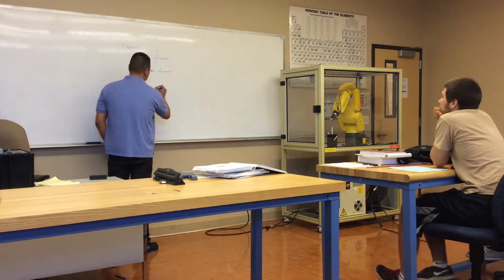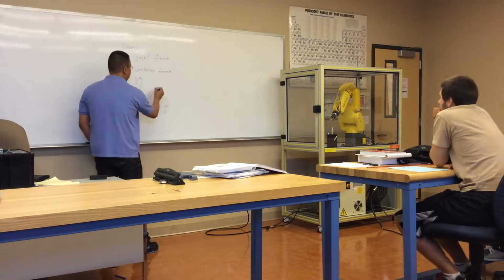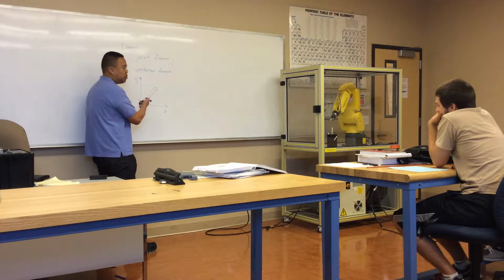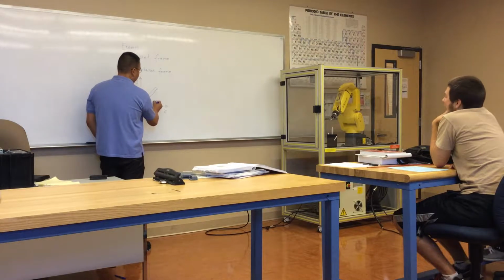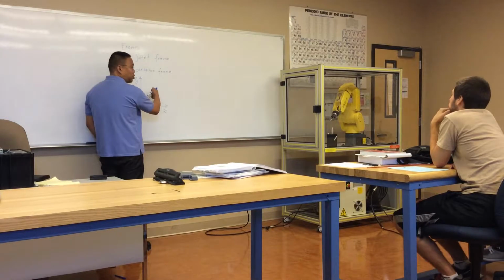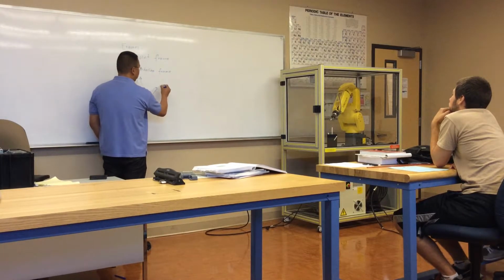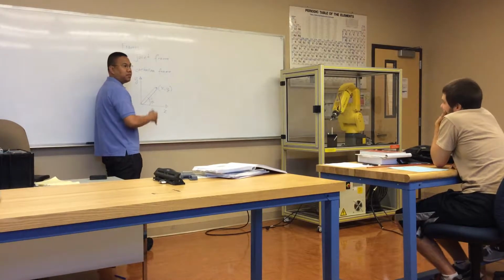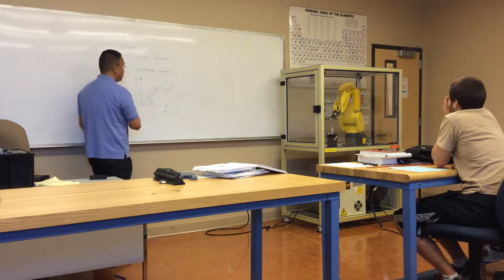So if you remember yesterday, if I have a 1 degree of freedom robot, the position of the end of arm tooling or the end effector can be described as X, Y in the Cartesian frame.